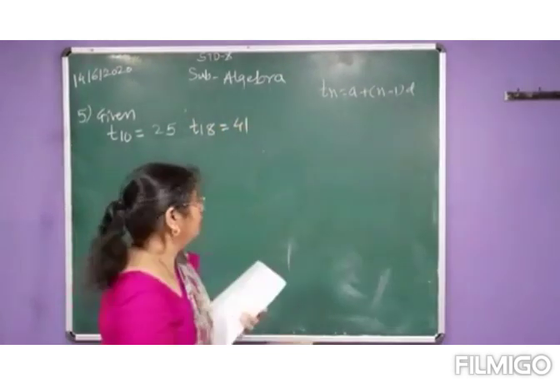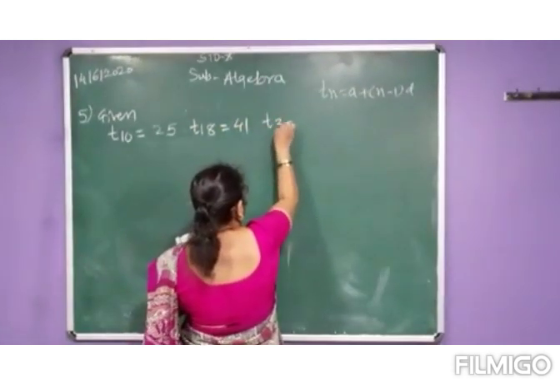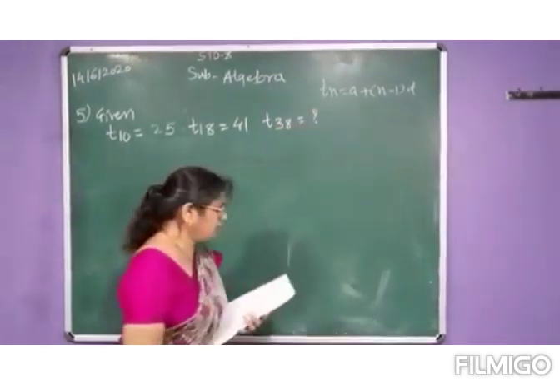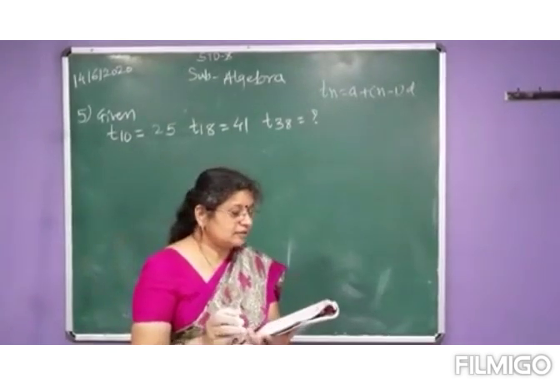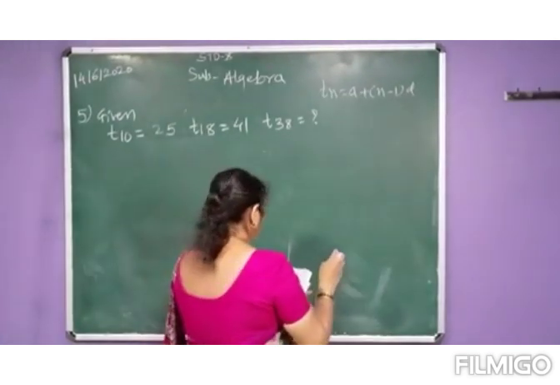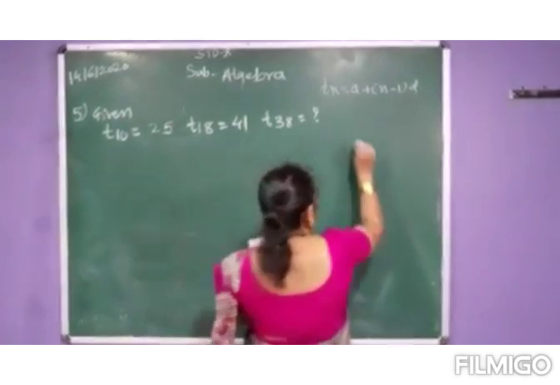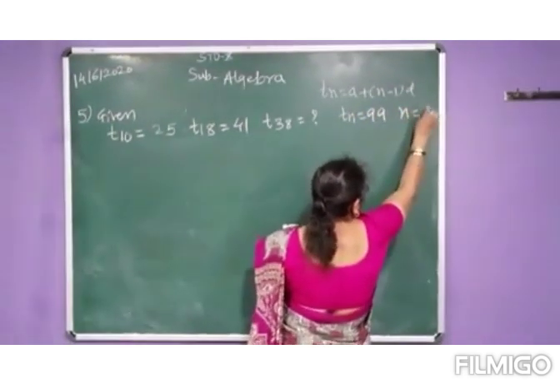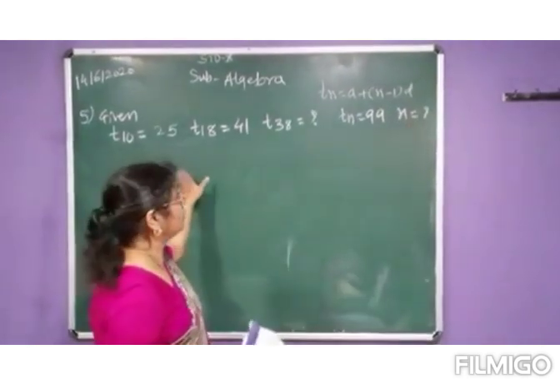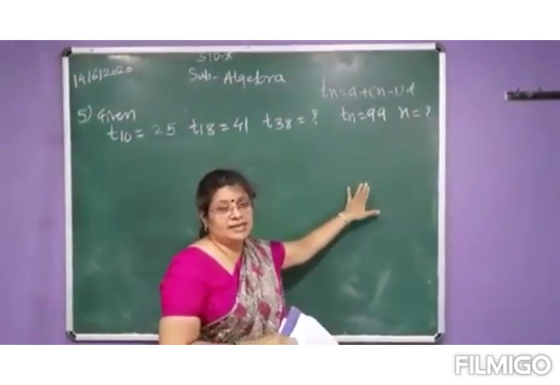Then what you have to find out is T30, the 30th term of the AP. Similarly, if the nth term is 99, find the value of n. Suppose Tn is 99, then what is the value of n? So 2-3 questions are added in this.